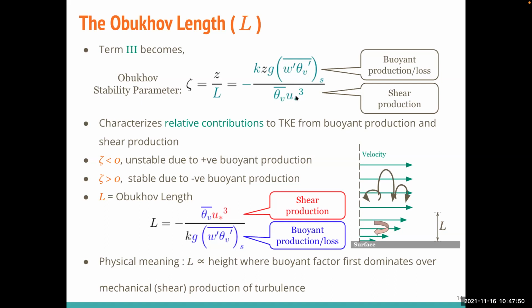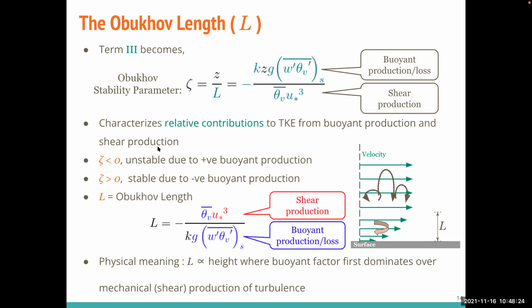And because you do the multiplication, you will see the shear production here too. So somehow this Obukhov stability parameter is telling you the relative strength of these 2 mechanisms. This parameter can be used to identify the relative contributions of these 2 mechanisms, the buoyant production and the shear production.